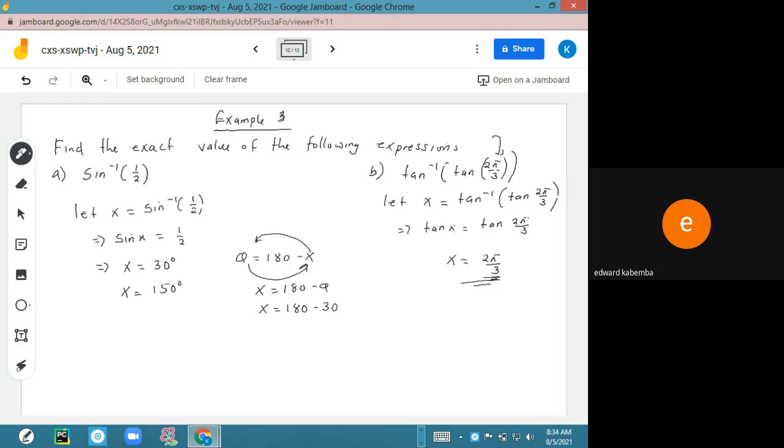Now, sir, on the A part, why didn't we consider 30 degrees instead we wrote 150 degrees? We considered both. So this is the answer or the other one.